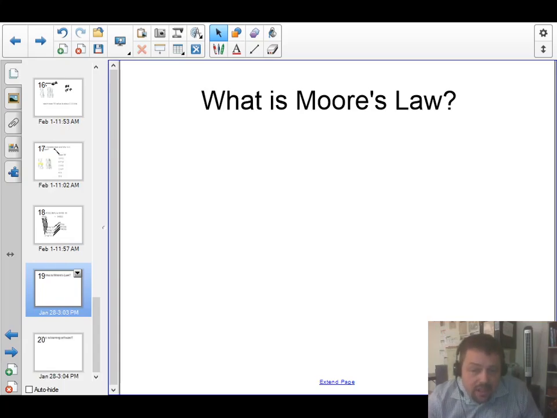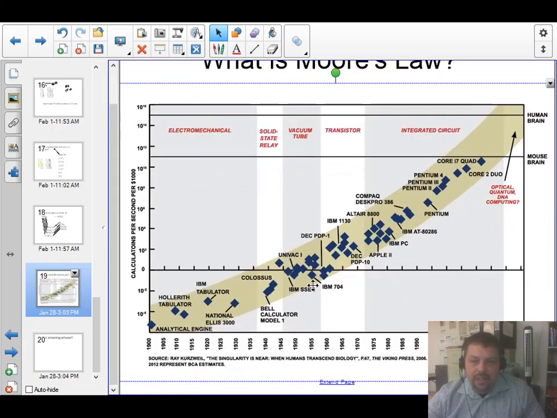And that means the speed of the computer chip is doubling about every year and a half. And if you look at a chart for this, and I'll show you an example of a chart here. So you'll see that it has held very true over time. This is almost exactly following the prediction of Moore's Law. So that means that as time goes on, computers tend to double every year and a half.